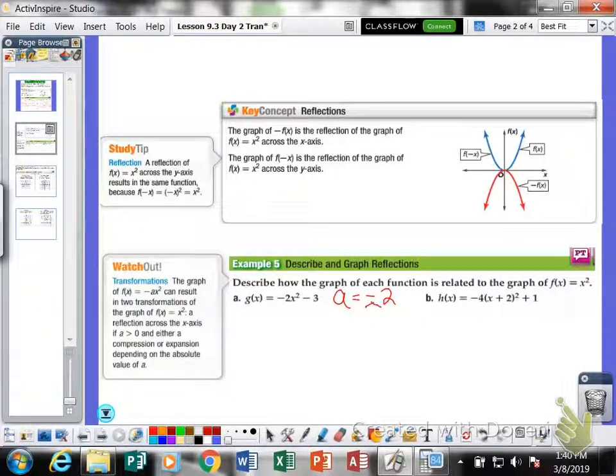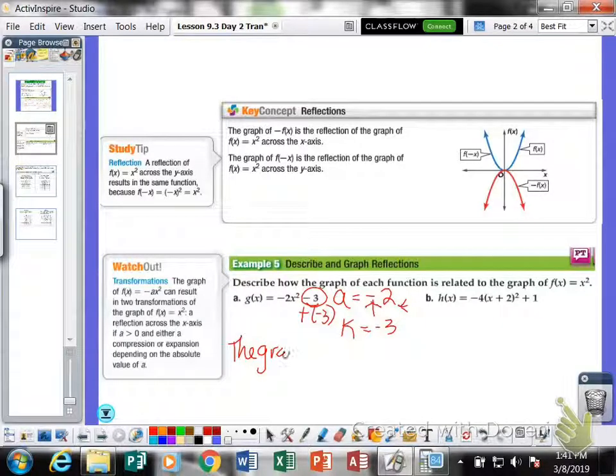So we're looking here at a reflection. The 2 is going to tell me that it is stretched vertically because it's greater than 0. We also have this negative k here, or plus a -3 if you want to think of it that way. So our k is equal to -3. So we have 3 things going on here.